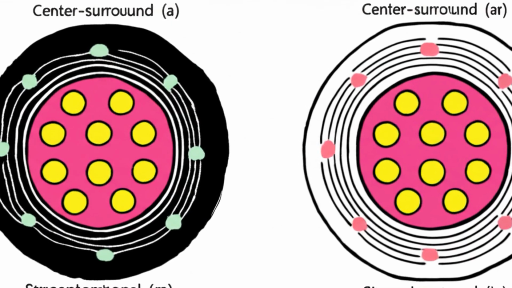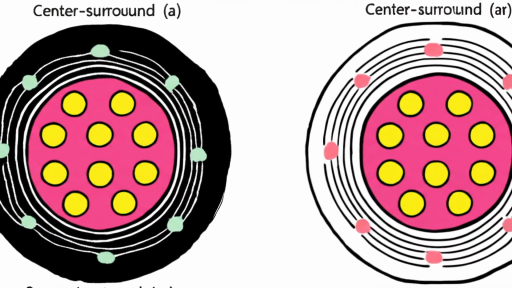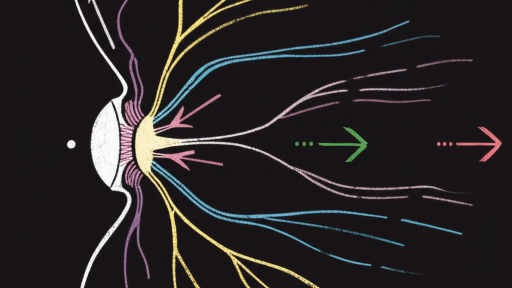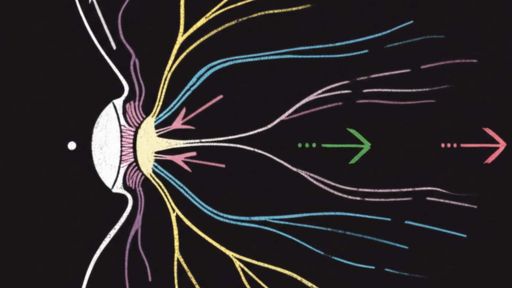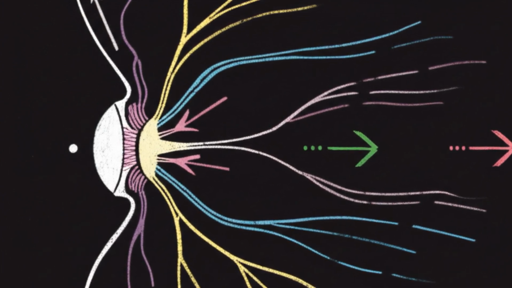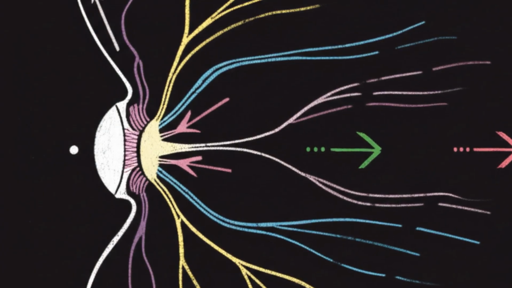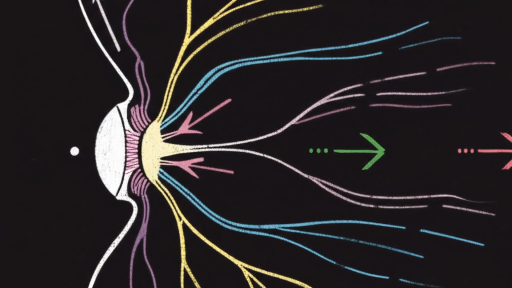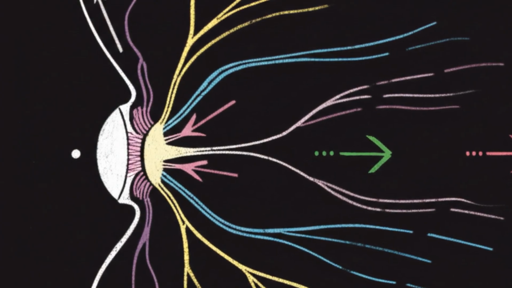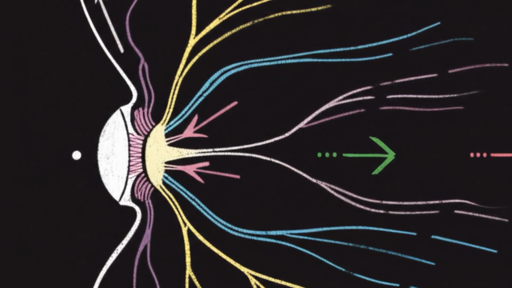Others are motion detectors, firing only when something moves in a specific direction across their receptive field. The upside-down image is instantly converted from a static picture into a dynamic data stream of edges, motion, and color contrasts. The retina isn't film, it's a computational substrate.